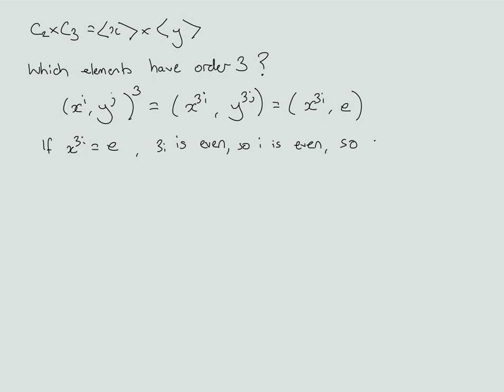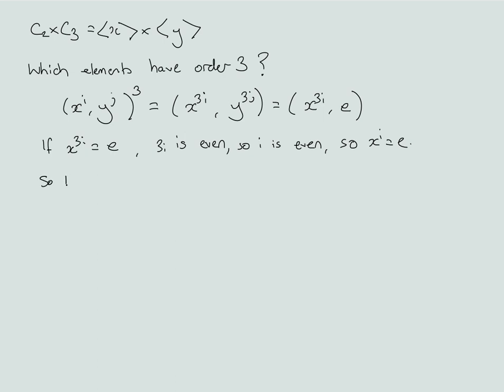So it must be that x^i is actually already the identity. So in order for (x^i, y^j) cubed to be the identity element, we need i to be an even number, so x^i is the identity, and we've got no condition at all on j.